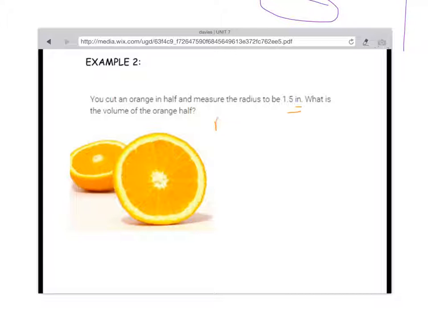So we know the radius, and it's sometimes a good idea to list your information at the beginning of the question before you start into your calculations. And we have a formula for volume of a sphere. So volume equals 4 pi r cubed divided by 3. If we only want half the orange, we're going to have to then divide by 2 when we're done.